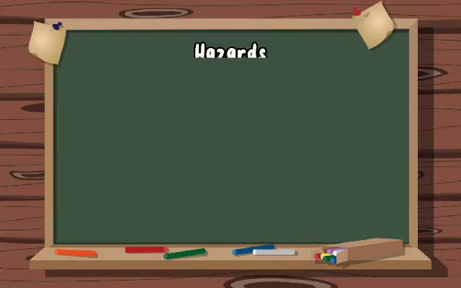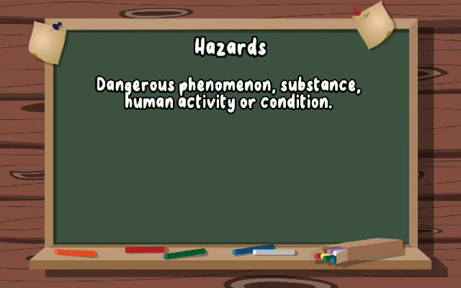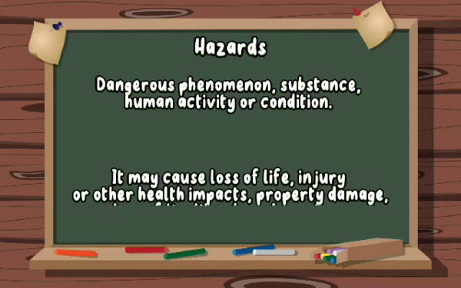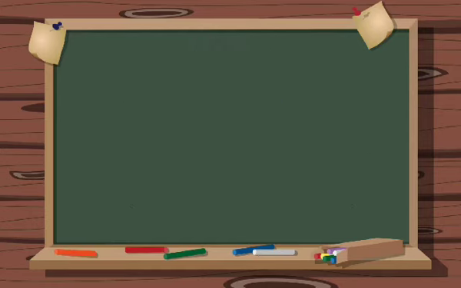And hazard is a dangerous phenomenon, substance, human activity or condition that may cause loss of life, injury or other health impacts, property damage, loss of livelihoods and services, social and economic disruption, or environmental damage.